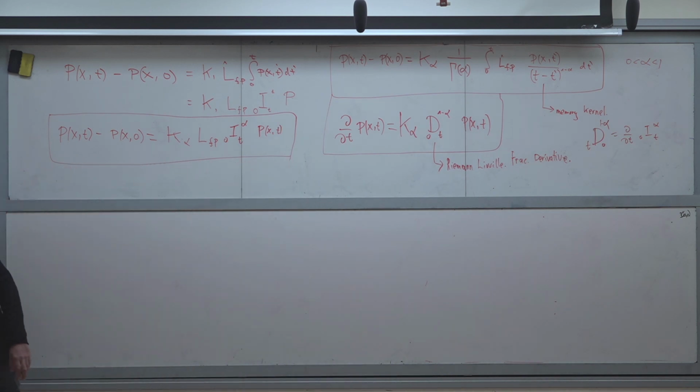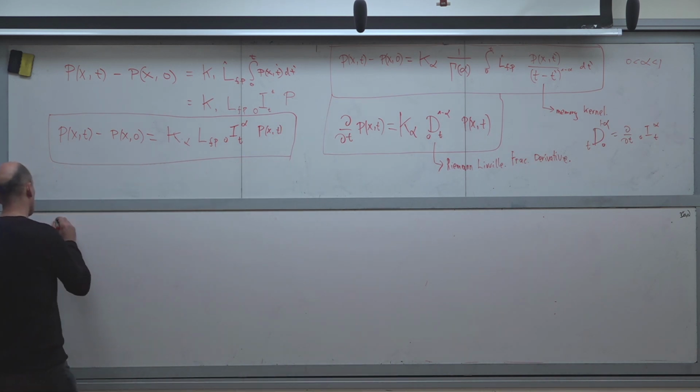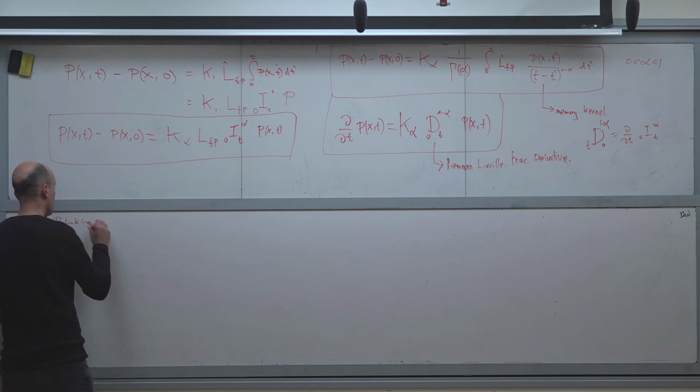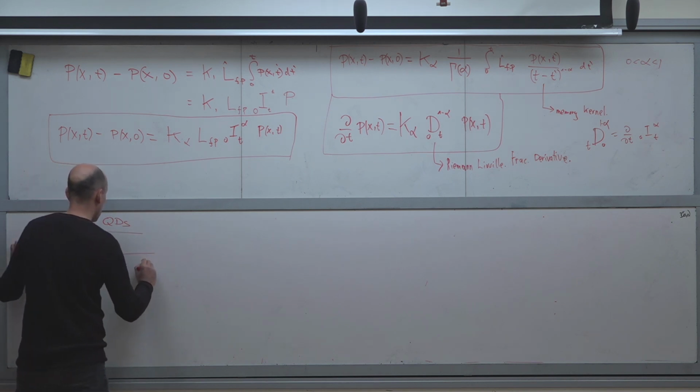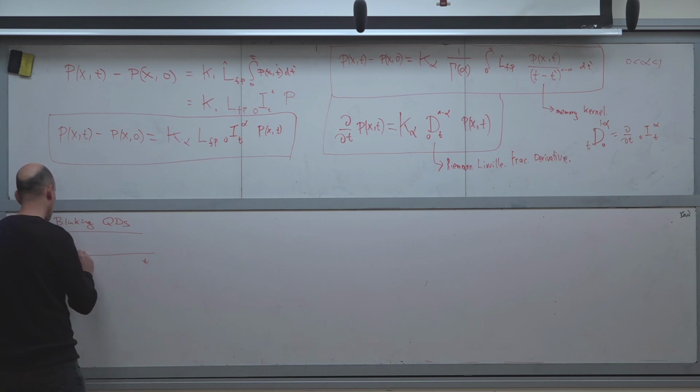So recall the blinking quantum dots. In a phenomenological way, we have some intensity as a function of time, and then you have this on-off sequence.